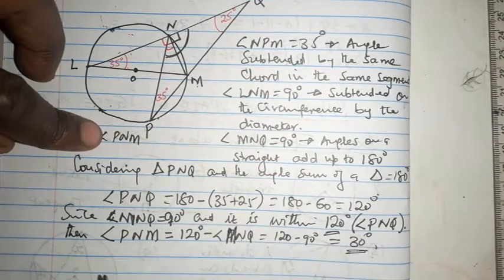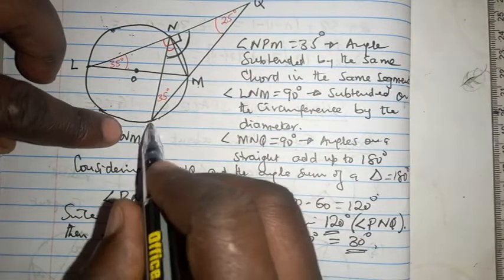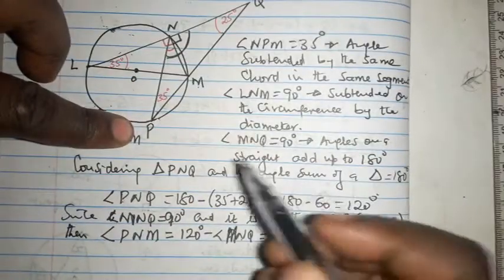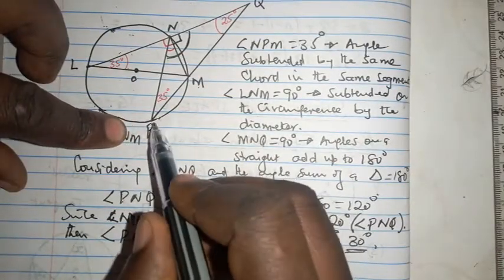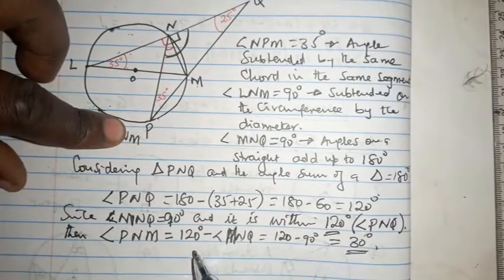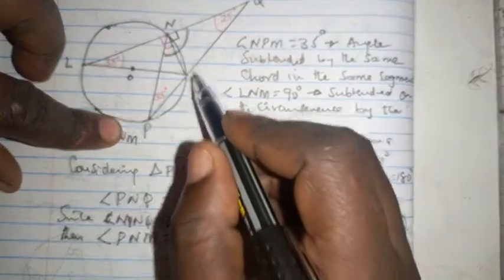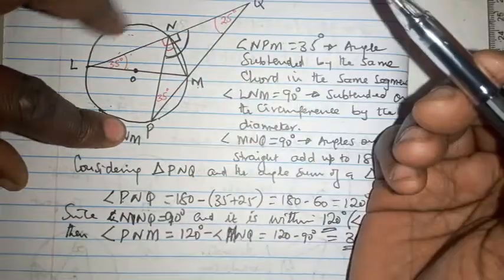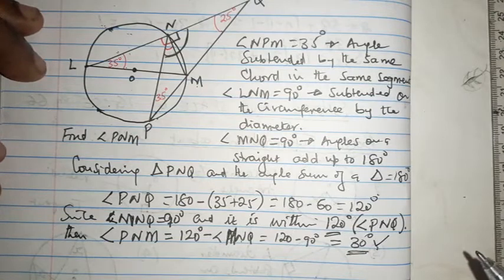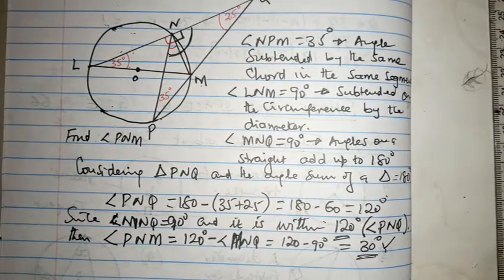What are we saying? Angle PNM is equal to angle PNQ, which is 120 degrees, minus MNQ, which is 90 degrees. And that's how we found our angle to be 30 degrees.